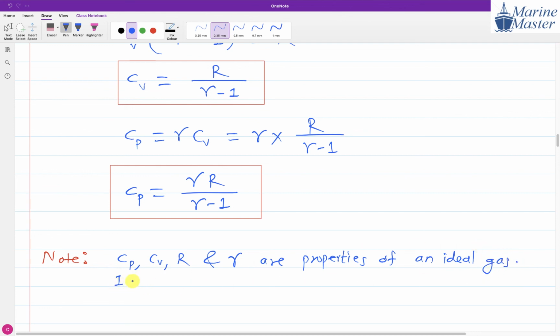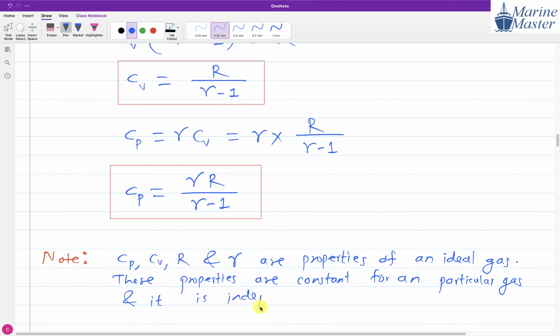These properties are constant for a particular ideal gas, and they are independent of the process.